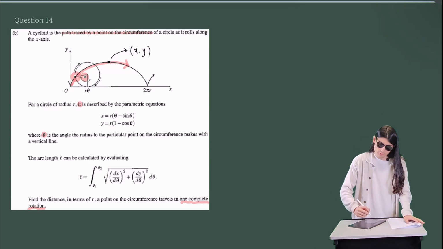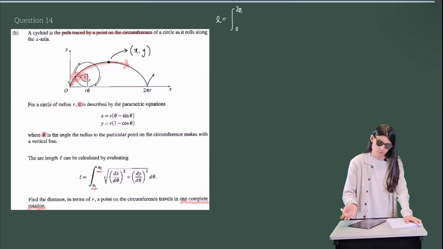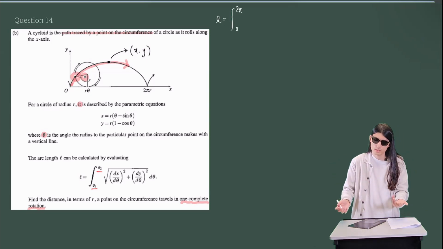So all that you really have to do to find the arc length is to just change the boundaries in the integral over here, so that it starts from 0 and goes up to 2 pi, and then evaluate your definite integral for that boundary.